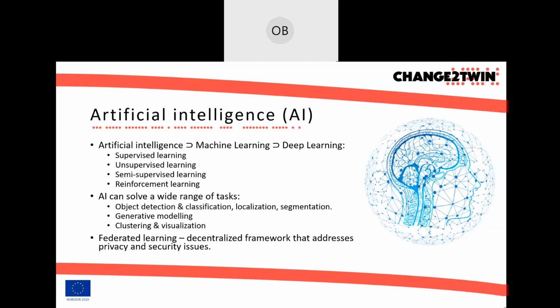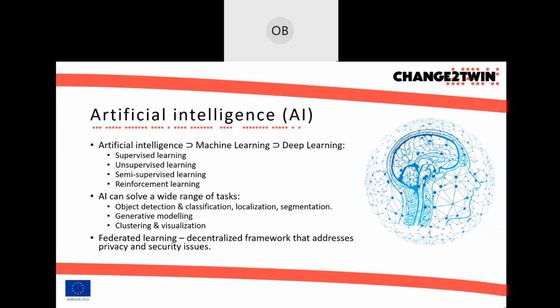So AI can be used to solve a wide range of tasks, and which of these methods you choose for a specific problem depends entirely on the requirements of the problem to be solved. Common tasks in AI include object detection and classification, and localization, so that's, for example, in an image, putting a bounding box around the object you're looking for.